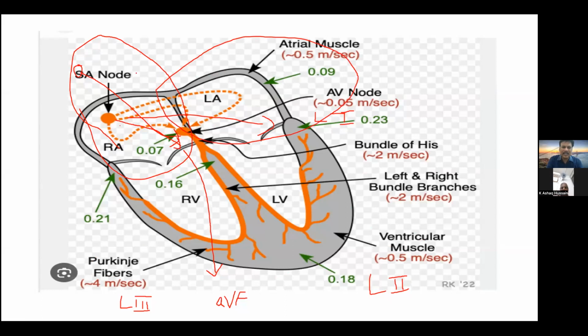From this impulse to reach this area, it takes a longer duration. Now you understand? It travels from SA node to AV node a longer length, longer time. Left atrial enlargement takes wider. Two points.